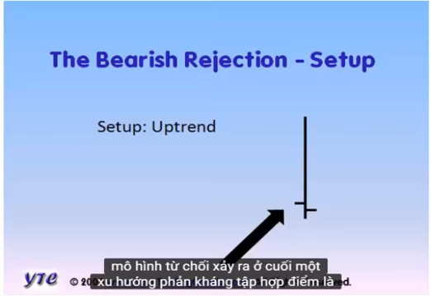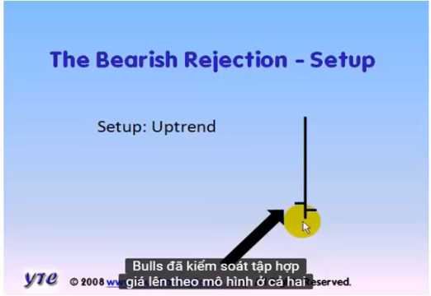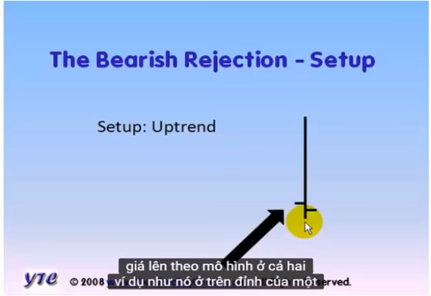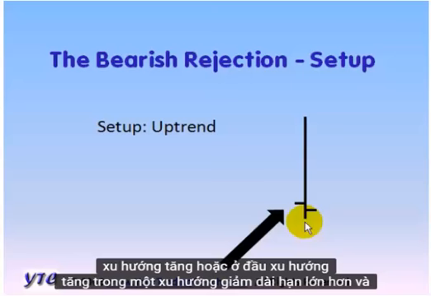The point is that the bulls have been in control, rallying the price up towards the pattern in both examples, where it's at the top of an uptrend or at the top of a counter trend rally within a larger term downtrend.